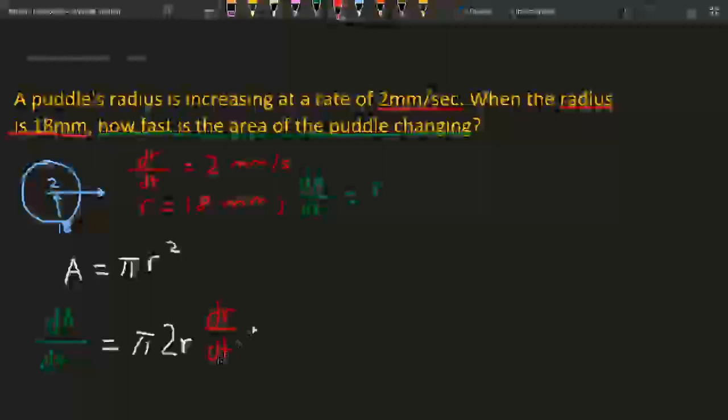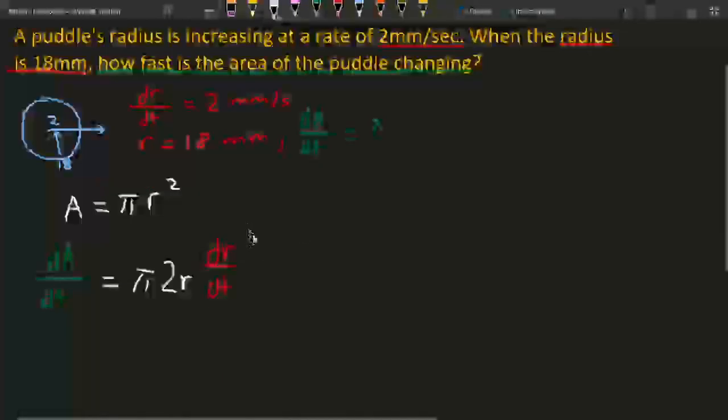So right here, we're asked to find how fast is the area of the puddle changing. So we have to find this unknown, dA/dt right here. And in order to do that, we have to substitute in. So in order to substitute in, we have to see what we can substitute. So we can see that we have to substitute r, which is 18 millimeters, and dr/dt, which is 2 millimeters per second.